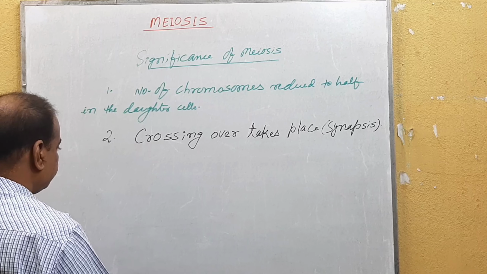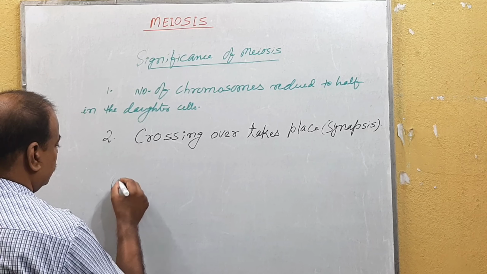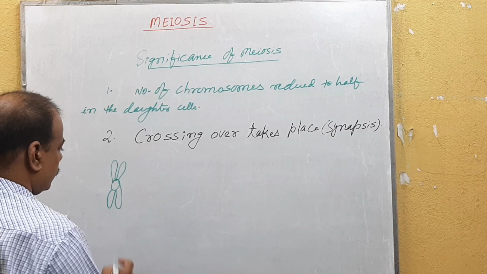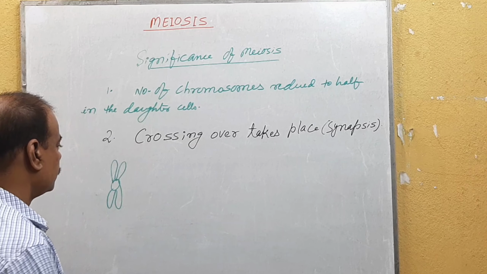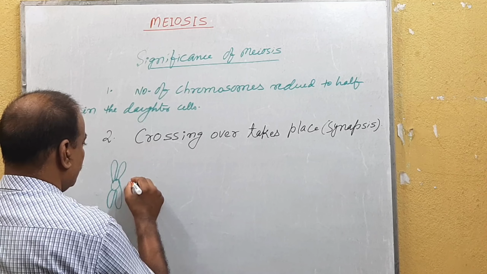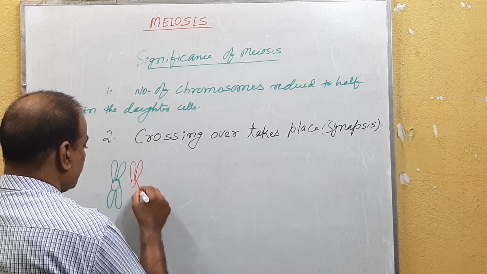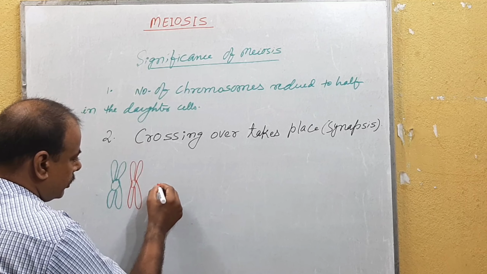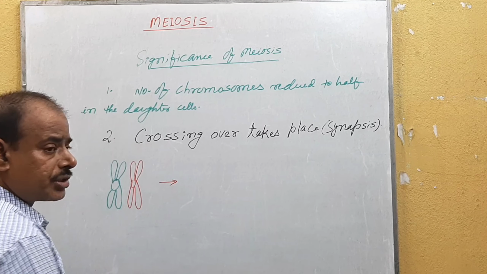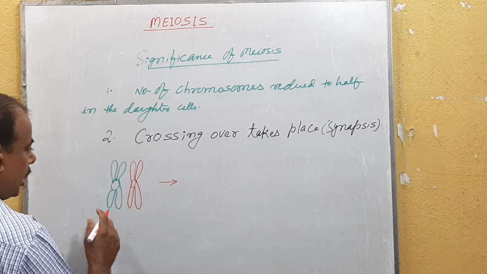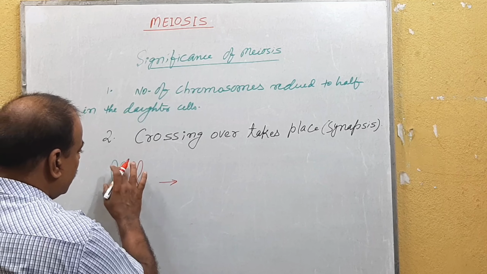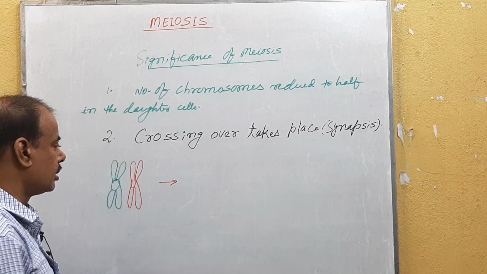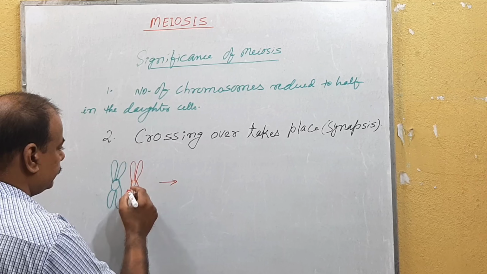So here it is a pair of homologous chromosomes. Homologous chromosomes are the chromosomes which are similar in shape and size and lie side by side, in which one comes from the mother and the second one comes from the father.